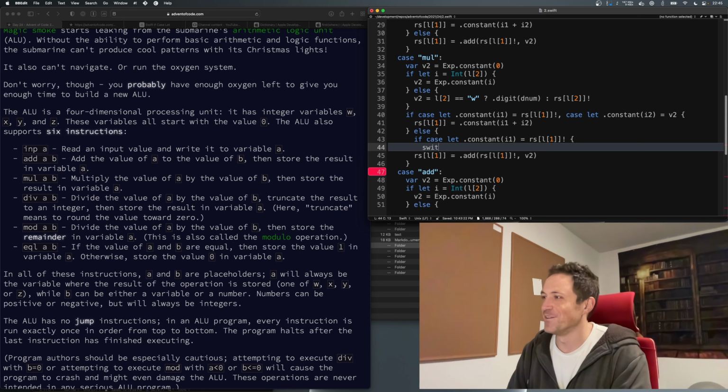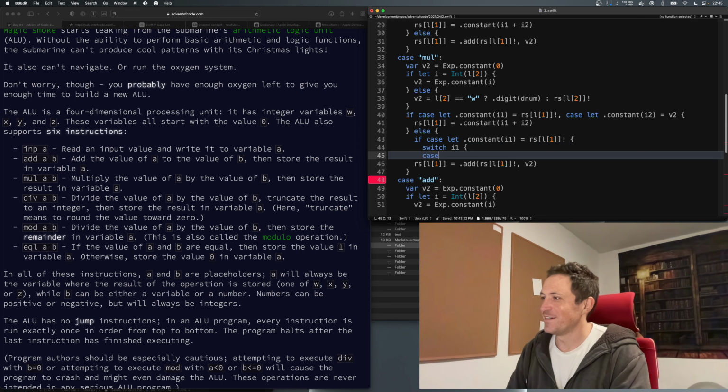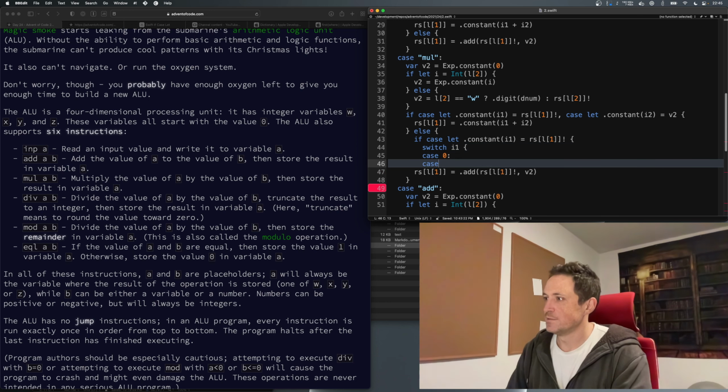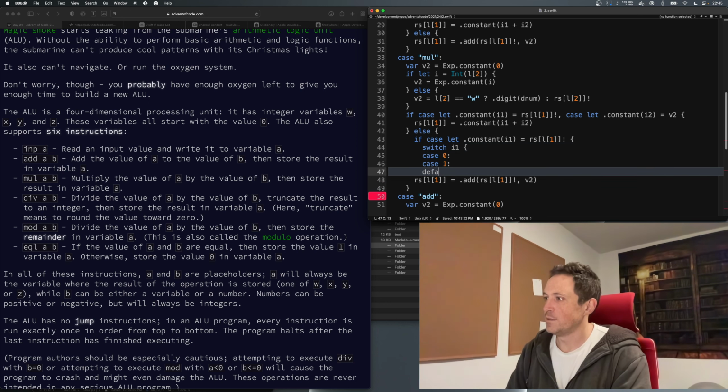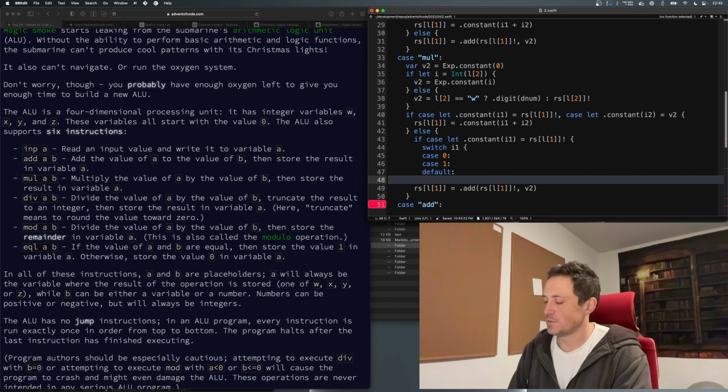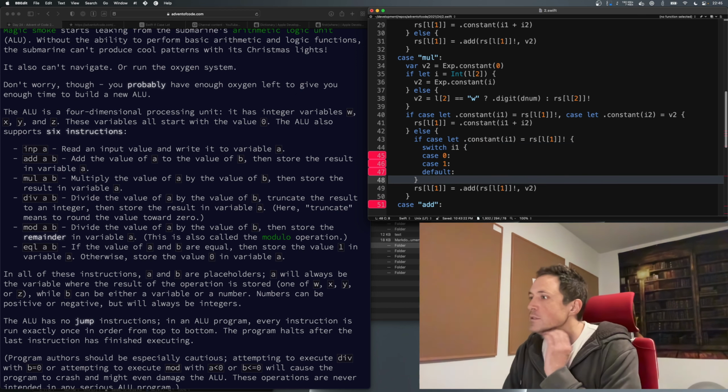I don't know why I'm doing it this way. Just because it's a little prettier. Case 0, case 1, default.